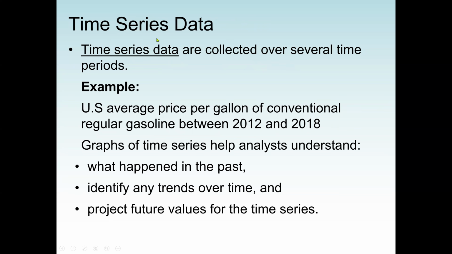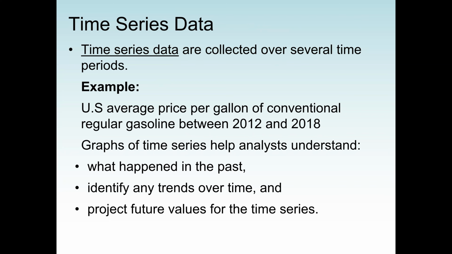Now, we also have time series data. Time series data are collected over several time periods. For example, the US average price per gallon of conventional regular gasoline between 2008 and 2012. We can have that. A graph of time series helps analysis and understanding. Also with blood pressure or any condition of a patient, we can collect the data within some period of time.